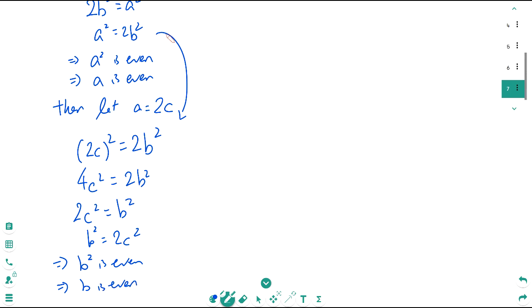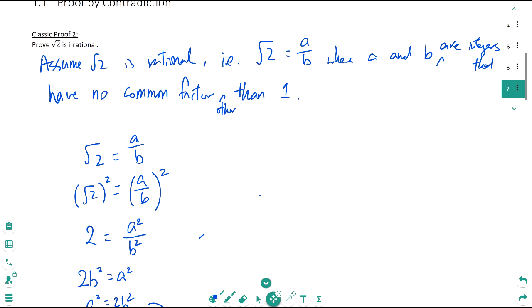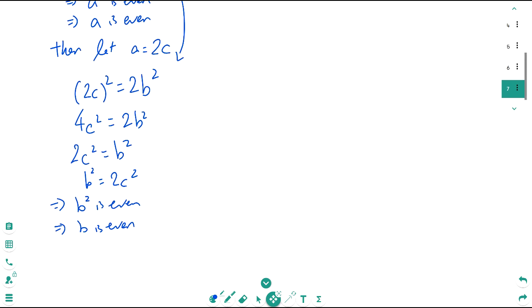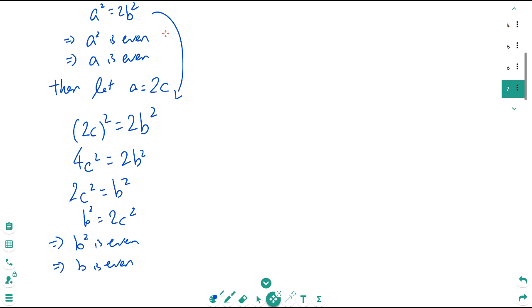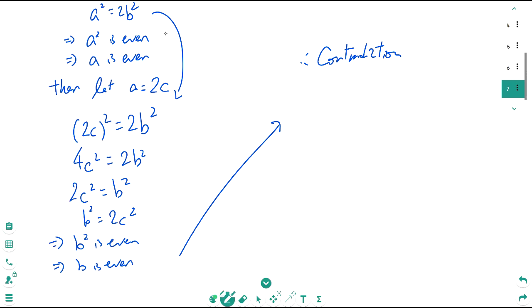So what is the problem then? The problem is that we said a and b should have no common factor other than 1. But what have we shown here? a and b are both even. So, therefore, contradiction. What I write in green, you don't have to write down.